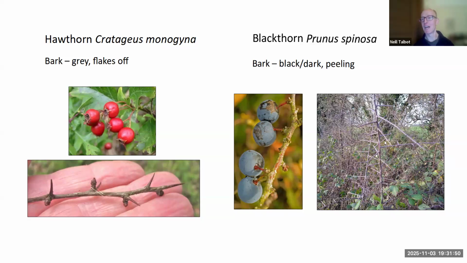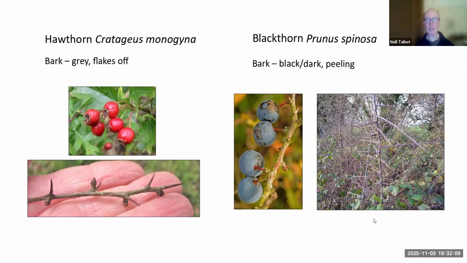And also they're more angular, more straight angles on the blackthorn, and the color of it tends to be darker than the hawthorn.